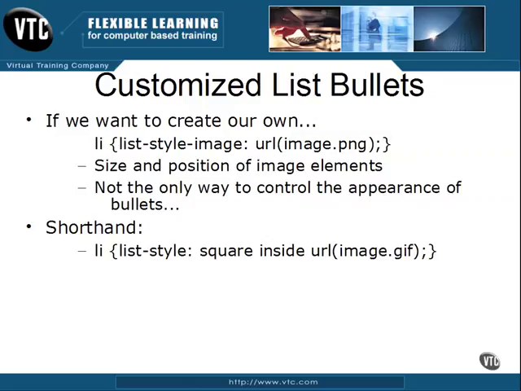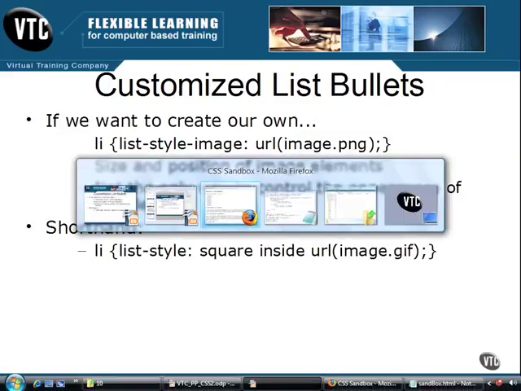Now, it's going to be a good idea for us to state what type we want to use in case the browser cannot find the image or it can't handle images inside of list items. Now, let's go ahead here and let's jump over into our sandbox and see this in action.